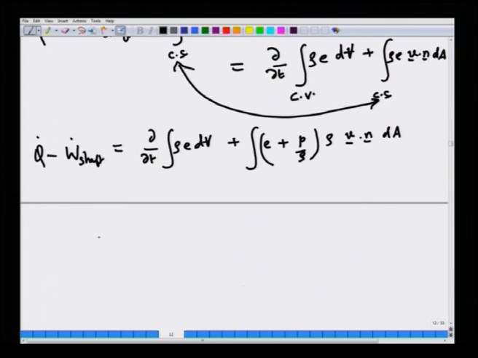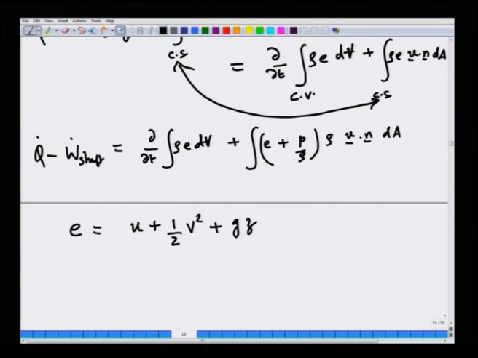Where E, if you remember, is the specific energy, that is the total energy per unit mass, which is the internal energy per unit mass plus the macroscopic kinetic energy per unit mass plus the macroscopic potential energy per unit mass.